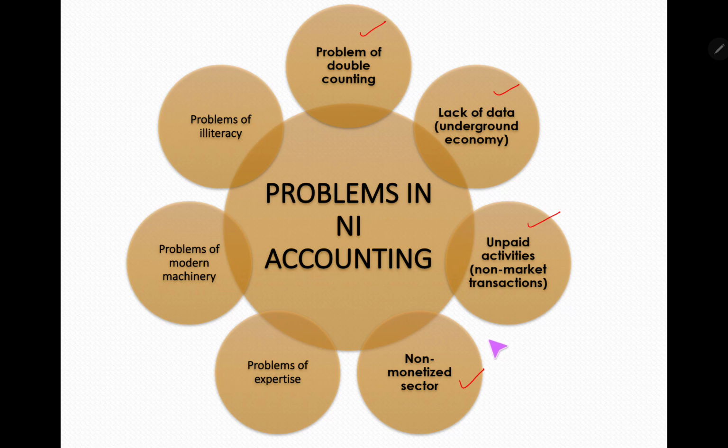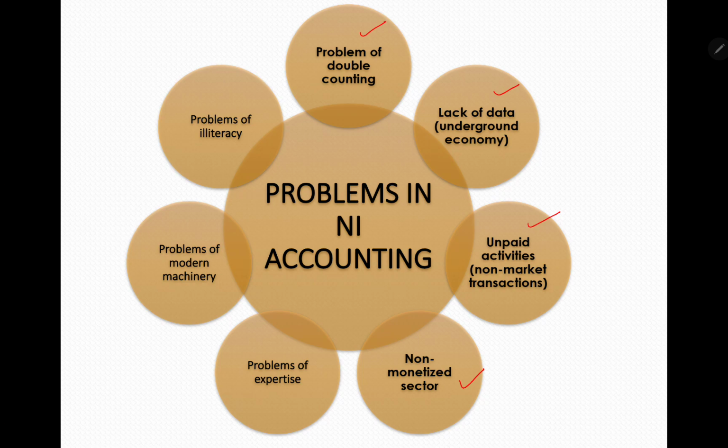Okay, non-monetized sector means that sometimes you produce some output, but there's no transaction for that output. Okay, for example, you plant vegetables on your own, and you use them for your own use.